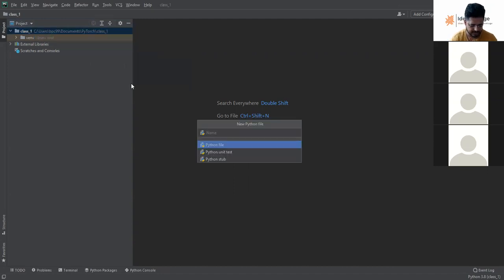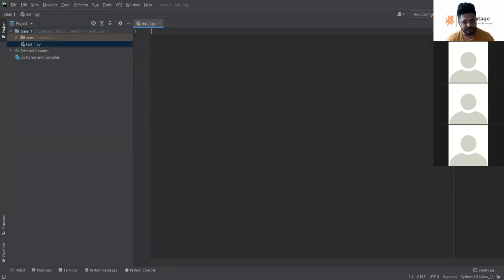Create a Python file, Test1. Okay, so we create it. Now, why am I taking a B value? I'll tell you that later. Let me first write down the code here.